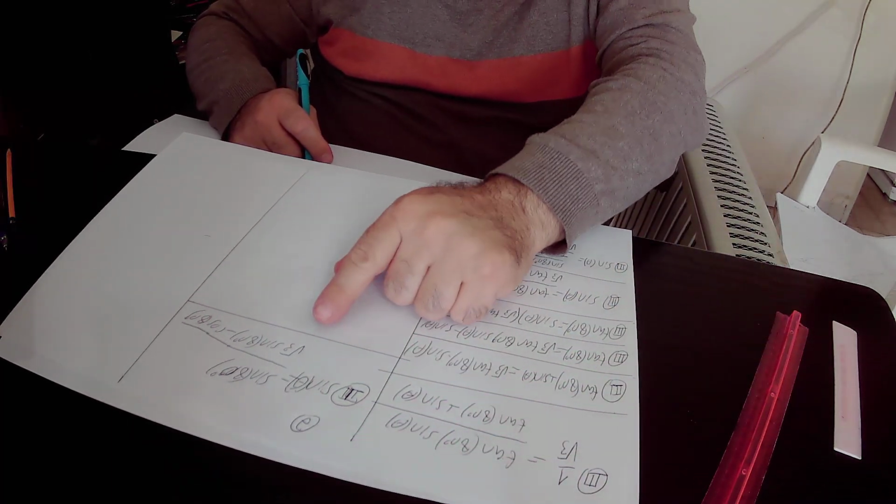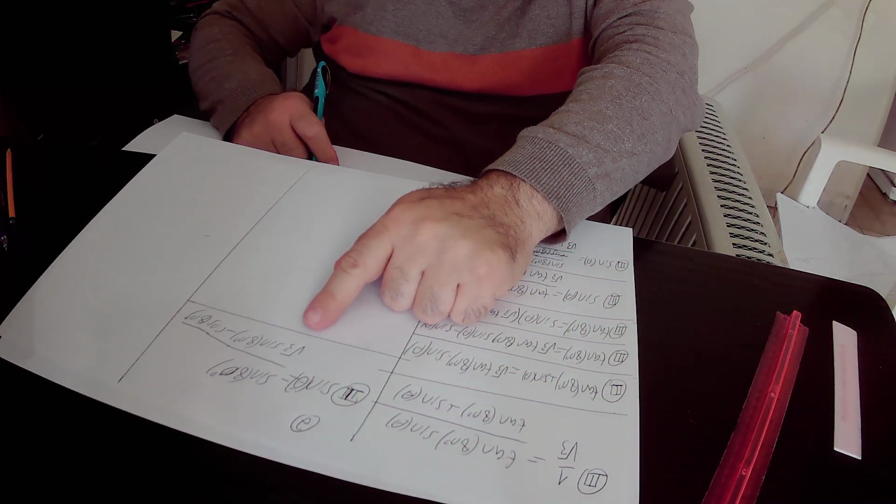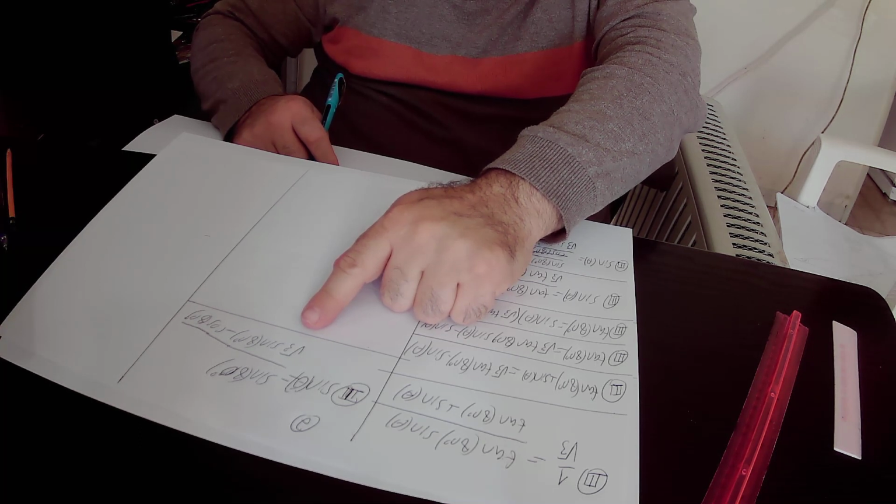Here we will multiply the denominator by 2 and then we will divide it by 2.